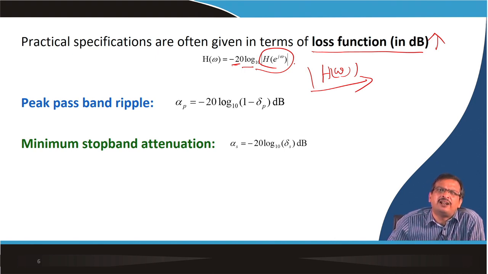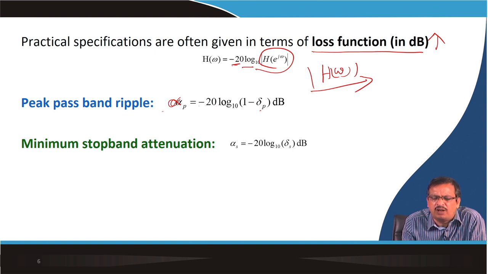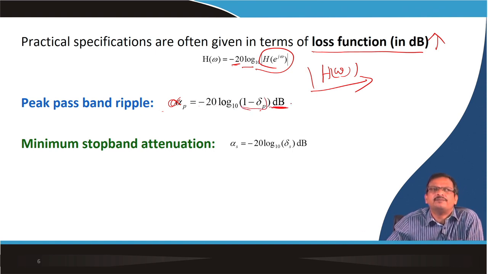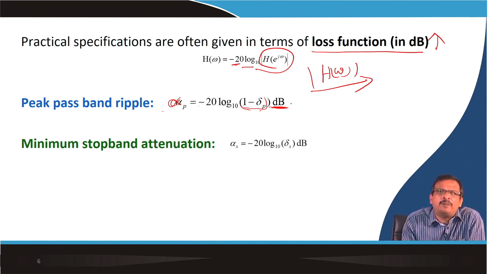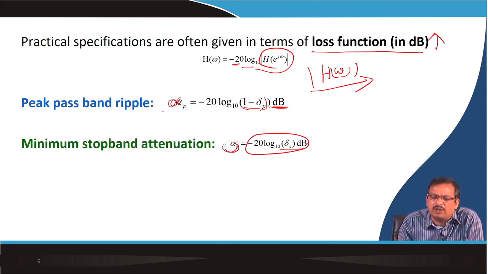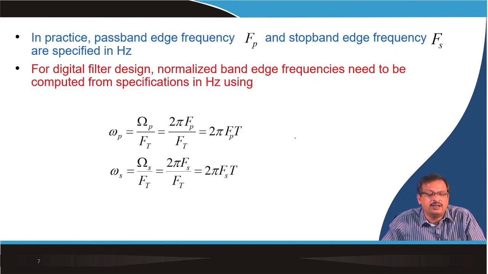Now what is the pass band ripple? Pass band ripple is alpha p in dB, which is minus 20 log 10 of 1 minus del p, in dB. The minimum stop band attenuation alpha s is also given in dB, which is minus 20 log 10 of del s. So a practical specification of a filter will look like this.